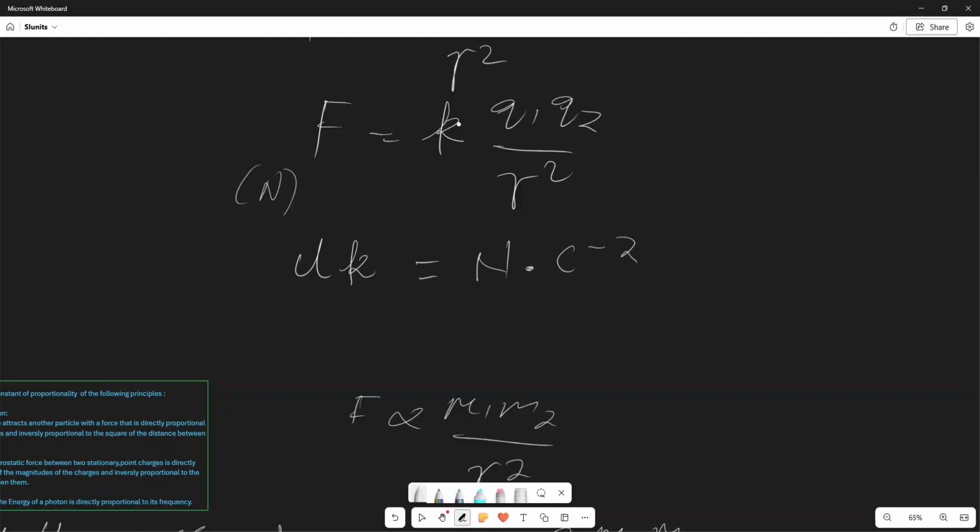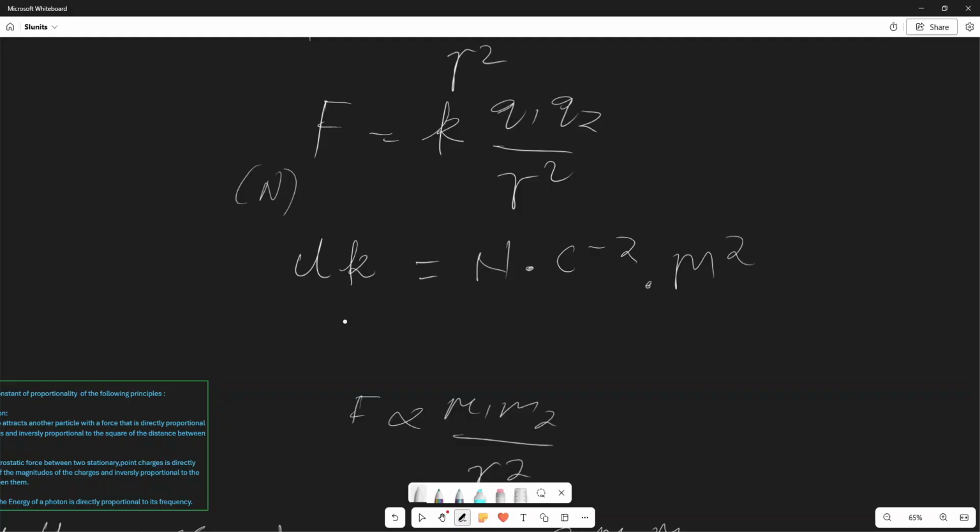So the units of K must contain newtons and the Coulomb to the minus 2 to cancel out this Coulomb squared, and also to cancel out this meter squared here. Since the meter squared is in the denominator, we put meter squared here in the numerator. Okay, so these are the units of the constant of proportionality, Coulomb's constant.